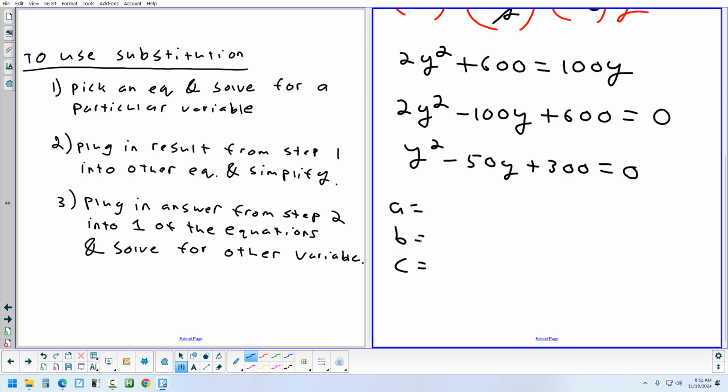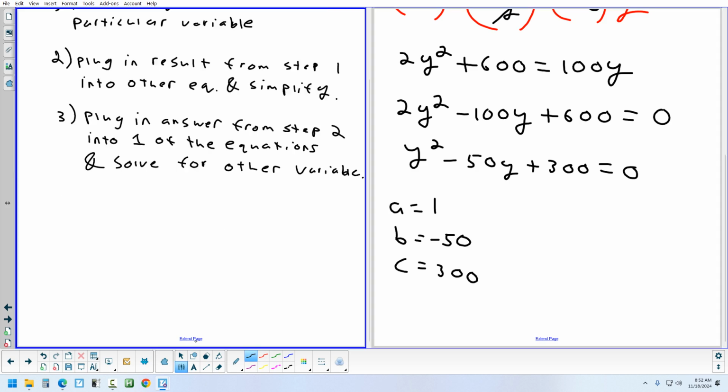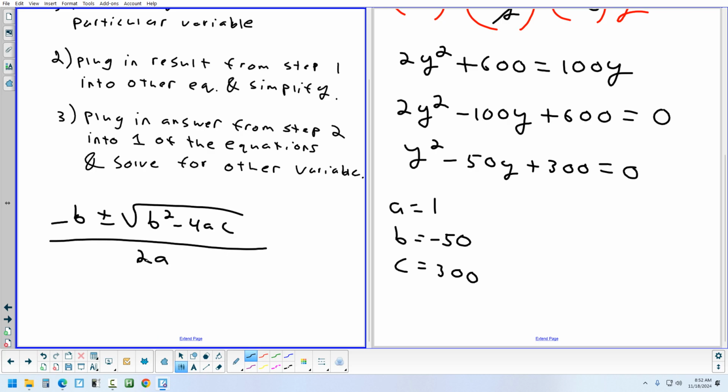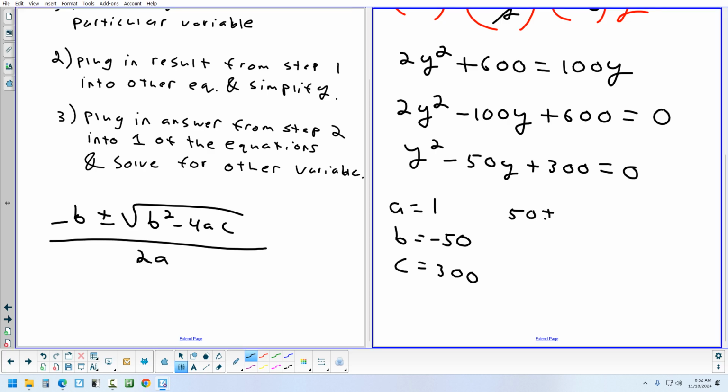Okay. What's A going to be in this one? 1. B? And C? 300. Okay, so just a reminder, the quadratic formula. Okay, as I go, I'll do some of it out, so we don't have as many steps to write. So negative b plus or minus negative 50 squared.